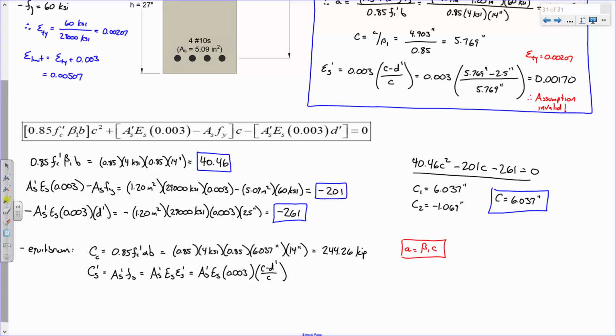Now, let me just make sure that I'm keeping a record of what we computed. So we have a C sub C of 244.26 kips. We have a CS prime, which we haven't done yet, and we've got a tensile force in the lower layer of steel. We've got to do that too. So let's chug this one out. 1.2 inches squared, 29,000 KSI, 0.003, 6.037 inches minus 2.5 inches over 6.037 inches.